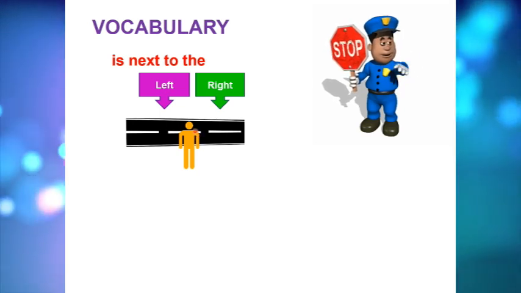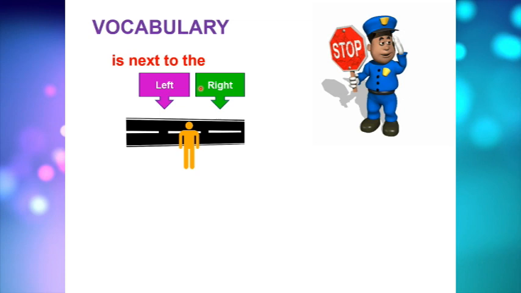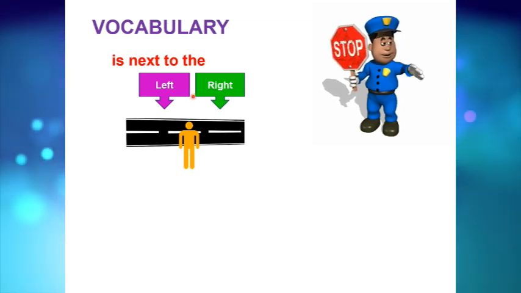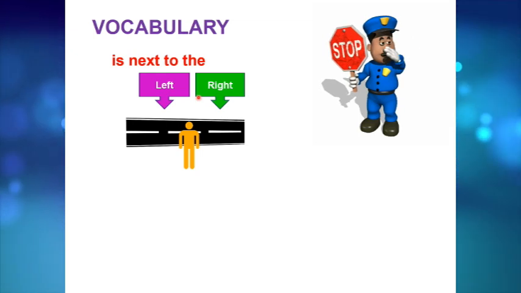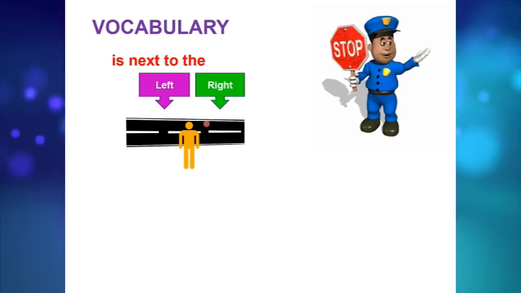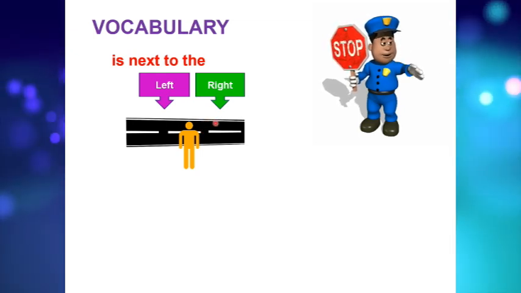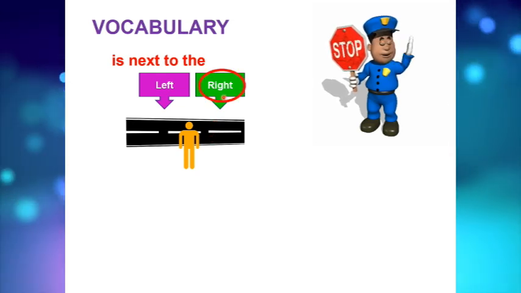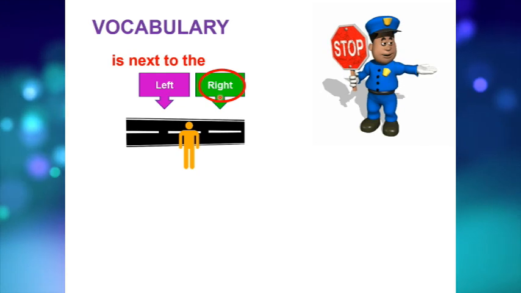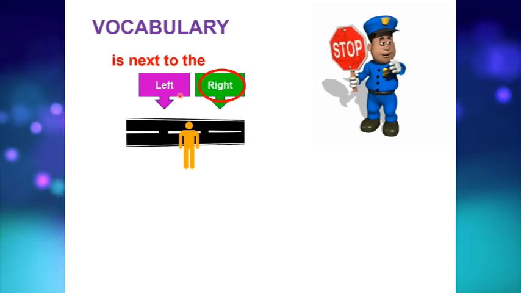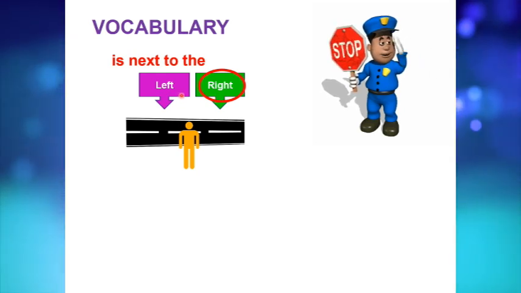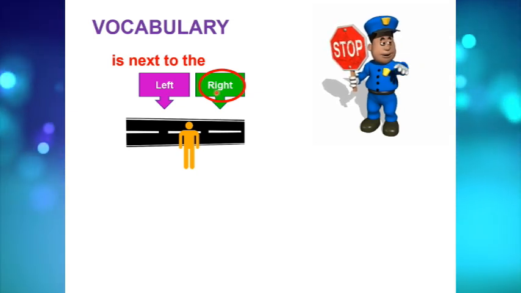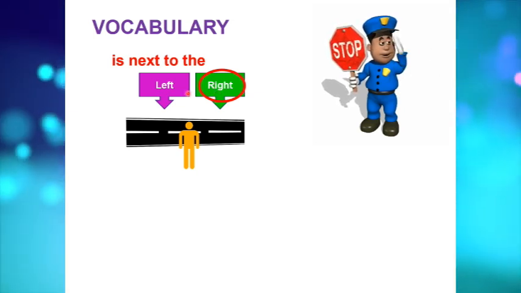So "next to" means very close, a very short distance from each other. So we say the green building is next to the purple building because the green building is on the right side of the purple building.